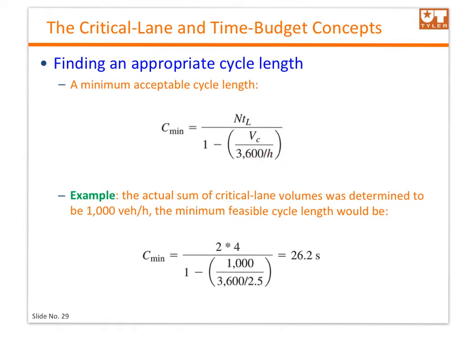So if I give you an example saying that the actual sum of critical lane volumes was determined to be 1000 vehicles per hour, what would be the minimum feasible cycle length?